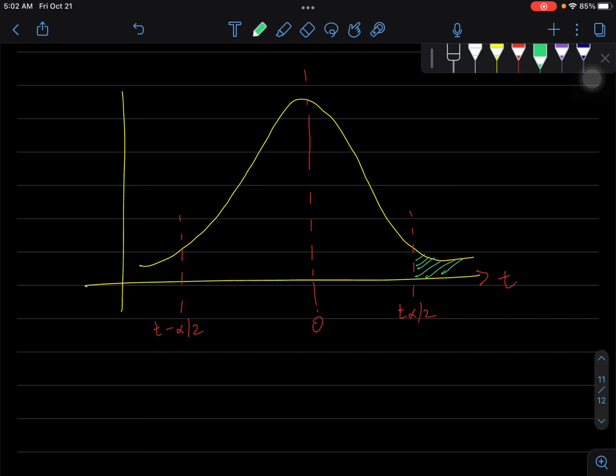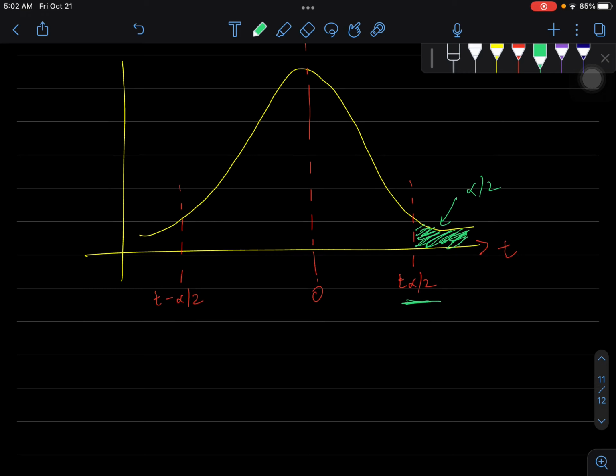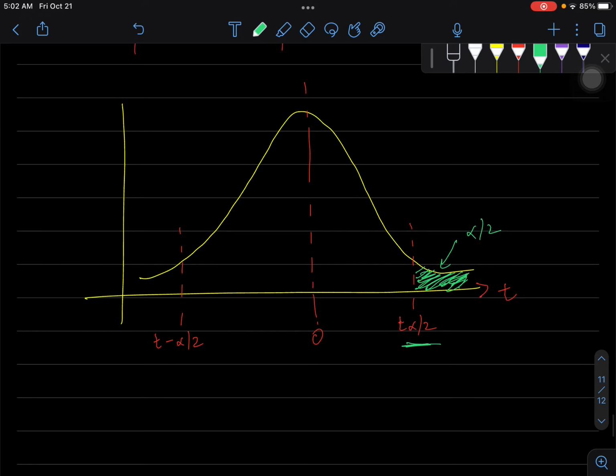The area under the curve here is alpha by 2. So t alpha by 2 is the t value with area alpha by 2 in the upper tail, which is here. Graphically, this is what it represents.